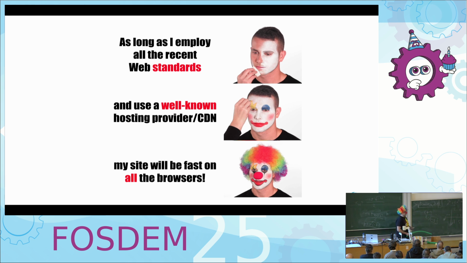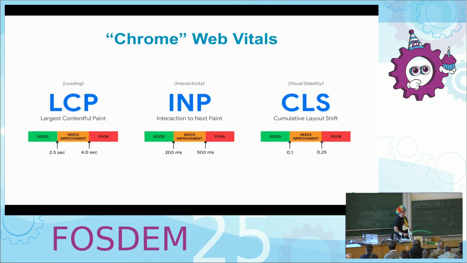It's not really the fault of the developers either. You know, we have been trained to look at just what I like to call the Chrome Web Vitals, right? Not the Core Web Vitals, the Chrome Web Vitals. Even though, it has to be said, Firefox is doing an excellent job in catching up there. Safari, of course, is not. People look at this. People mostly test in Chrome.